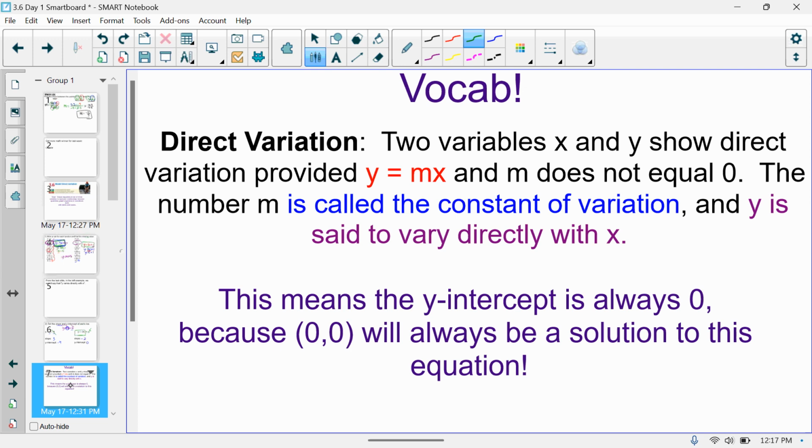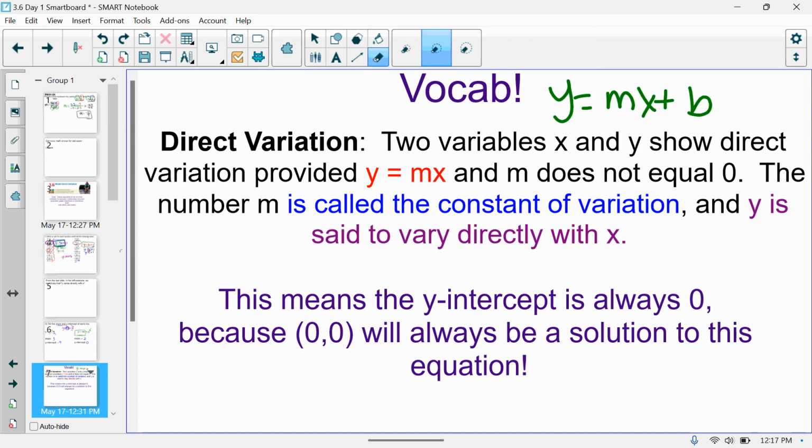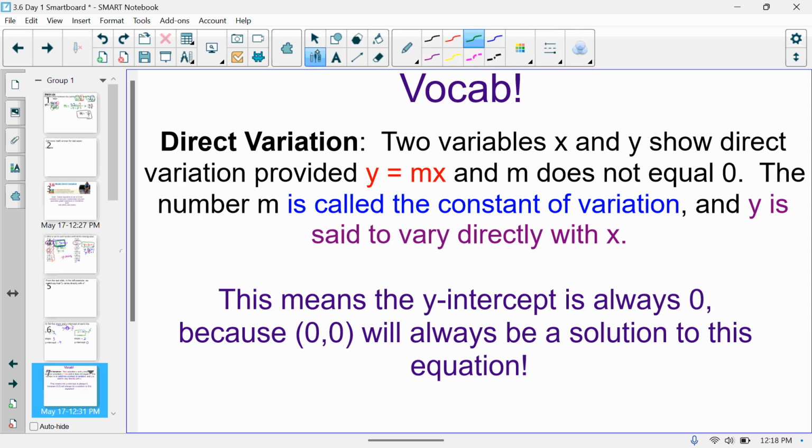So on this slide, we're going to have a definition of what direct variation is, and it looks kind of long and scary, but I want you to circle and underline the important parts with me right now, okay? You know how we've been studying the formula y equals mx plus b. Well, in direct variation, b is always going to be 0, which means the equation is just going to look like this.